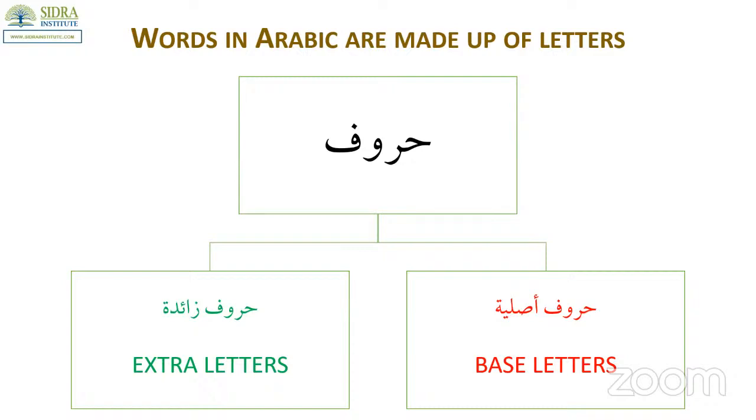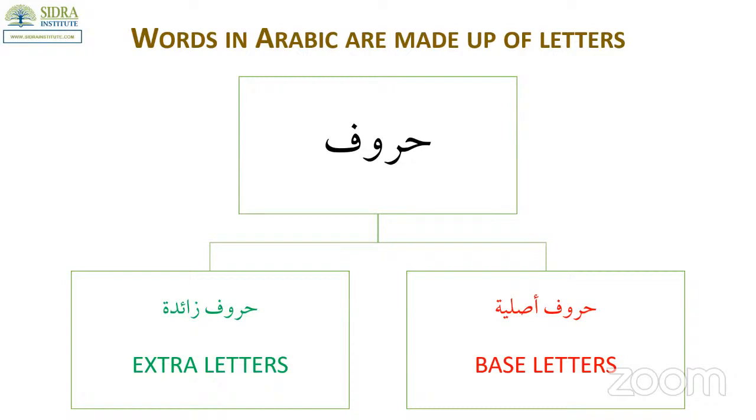So the example I gave you, masjid: seemingly it seems like meem, seen, jeem, dal. Check up in the dictionary, we'll check on the meem? No, that's not how it works. The backbone of that word and the skeleton form is seen, jeem, and dal, which we'll come to know inshallah later on. But at this point, we just need to understand that a word is made up of letters, huruf, and these letters are of two types.